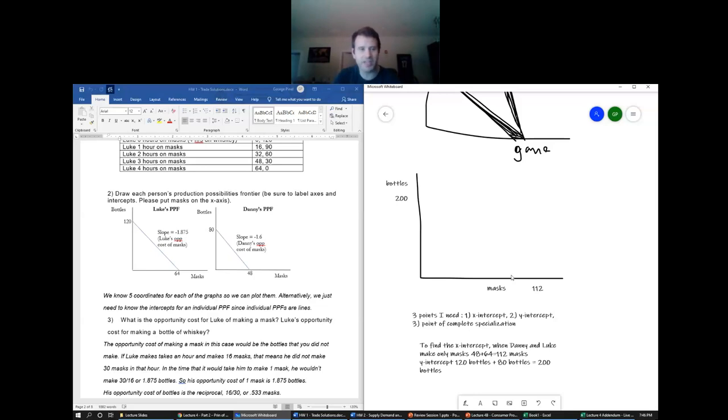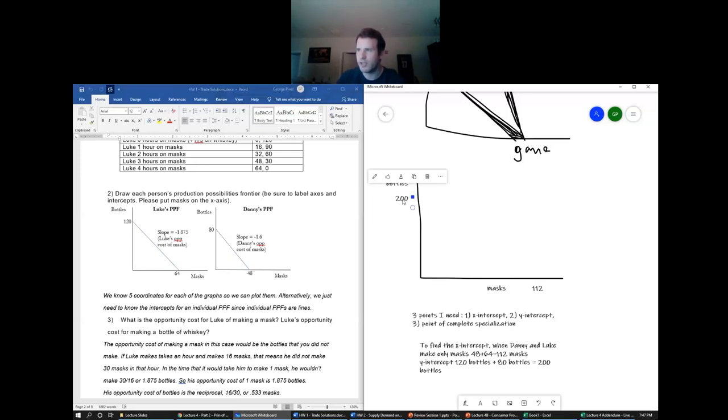The reason it's not going to be constant is that at some point, Danny's going to stop making masks and Luke will start making masks because Danny ran out of time, or vice versa. Luke is going to stop making bottles and Danny's going to have to chip in to make bottles, right?